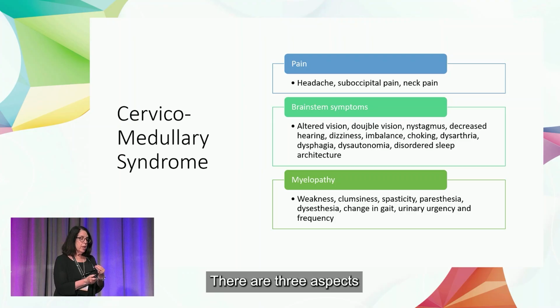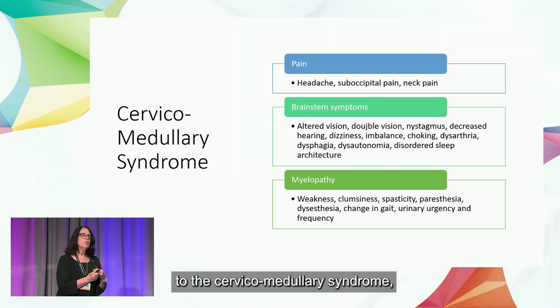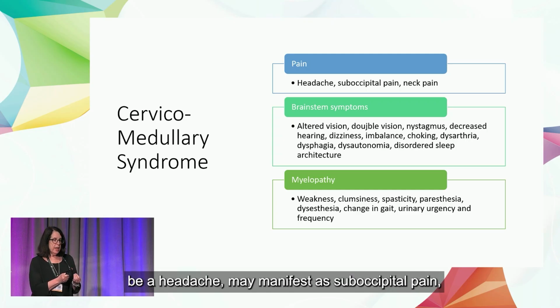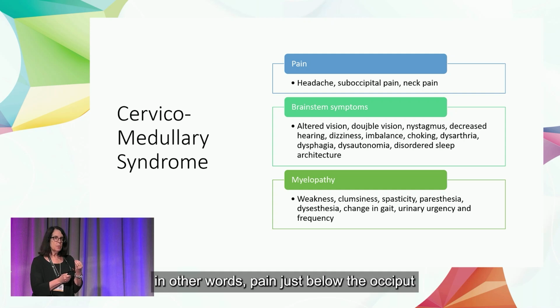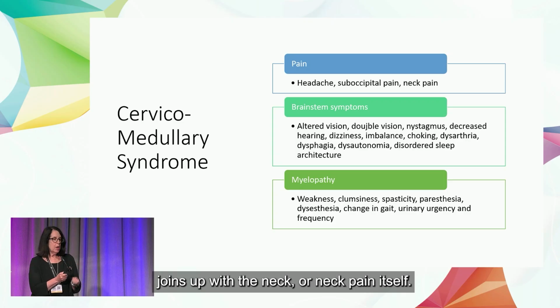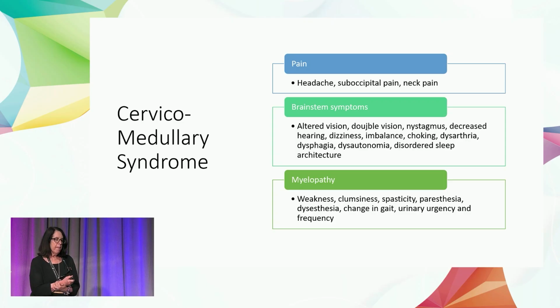So there are 3 aspects to the cervicomedullary syndrome. There's the idea of pain. And that pain may be a headache, may manifest as suboccipital pain, in other words, pain just below the occiput at the back of the head where the head joins up with the neck, or neck pain itself.